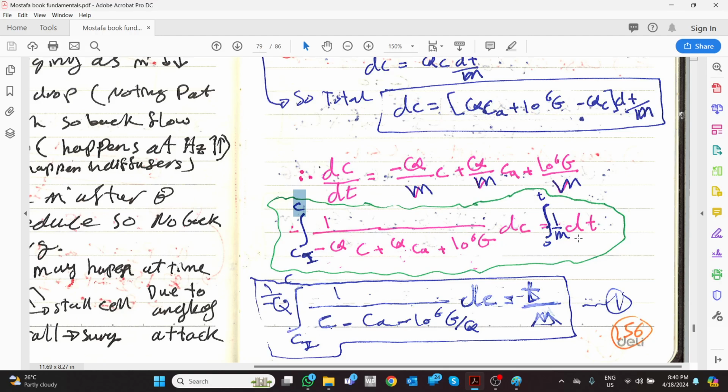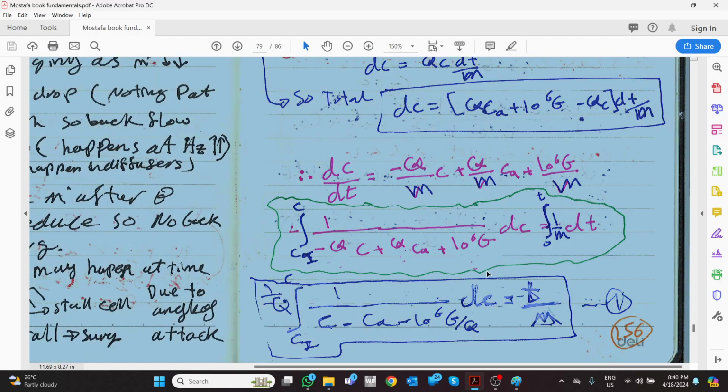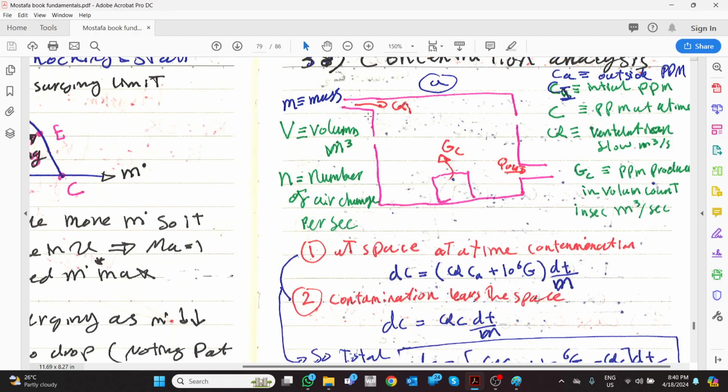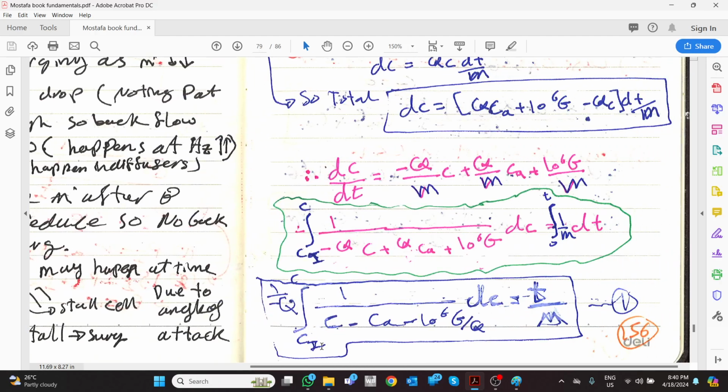It goes from 0 to t, 1 over m dt. I can get the Q common outside because Q is constant as per the selection of Q, so from C initial to C at a certain time, 1 over C minus Ca, outside ambient, minus 10 to the power 6 G over Q, because there is Q by Q, dc equals t over m, from 0 to t.